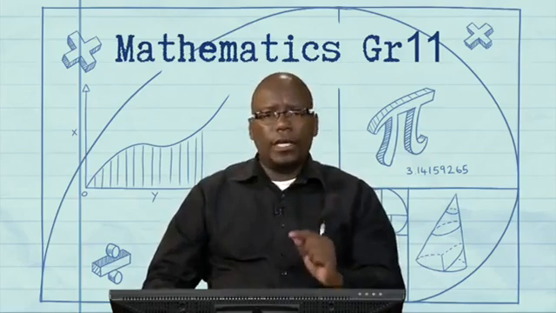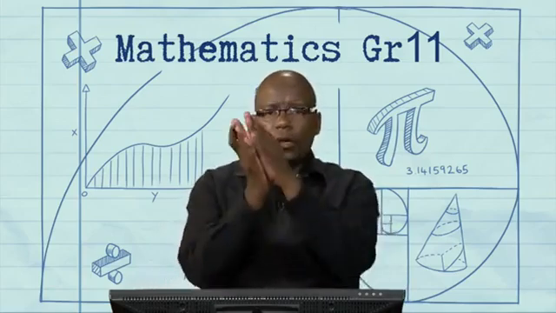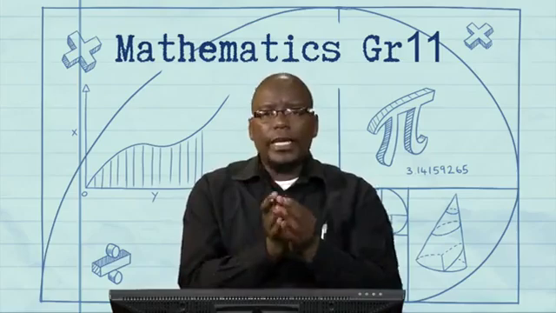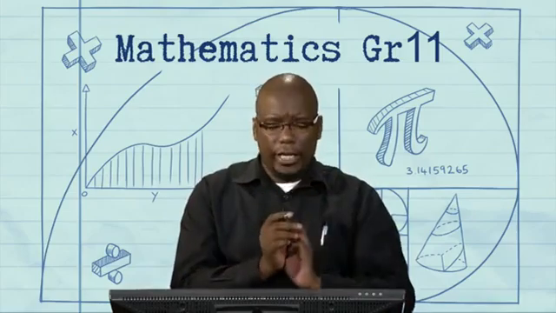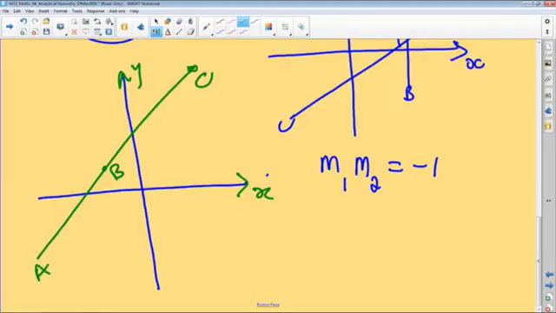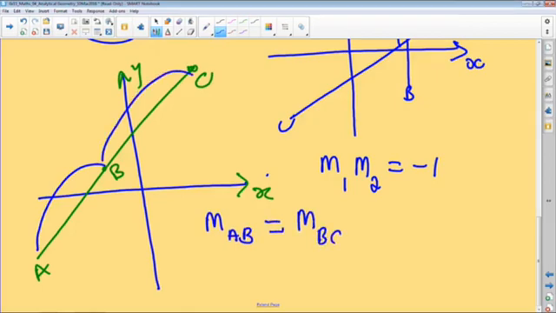How do you tell if they are collinear? If they are on the same straight line, it means that they will be sharing a gradient. Now, what do I mean by that? The gradient of AB is going to be the same as the gradient of BC, and also the same as the gradient of AC.